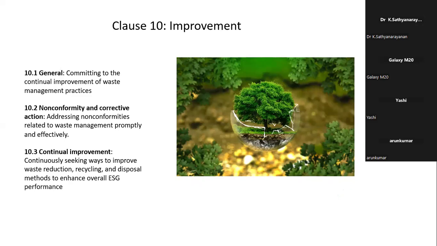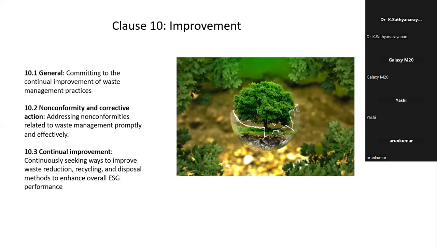Next, the improvement aspect. If any non-conformities have been identified in your internal audit, how are you going to address them in a corrective manner and also in a continual improvement manner? The continual improvement is in 10.3, and non-conformity in 10.2.